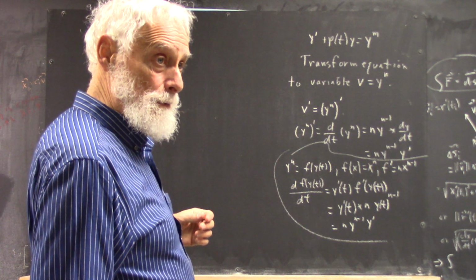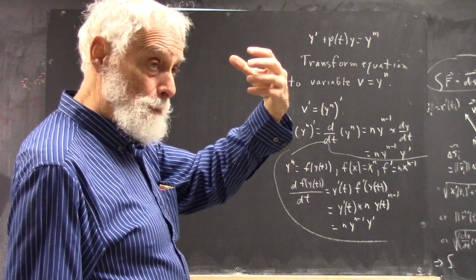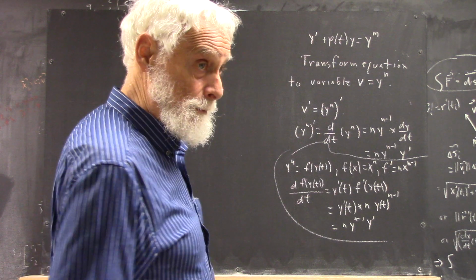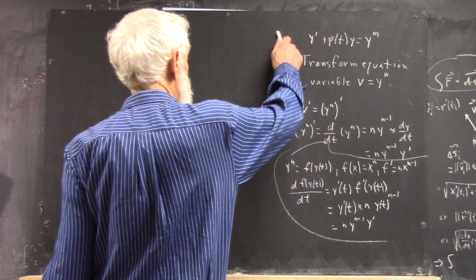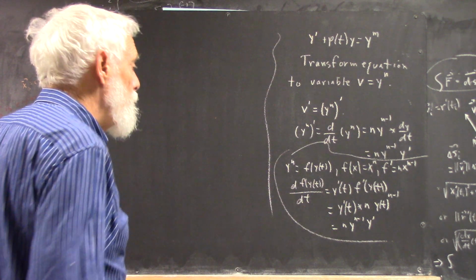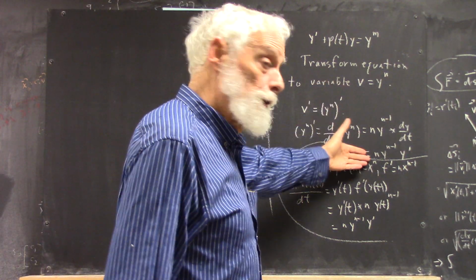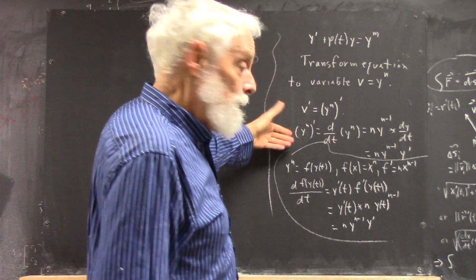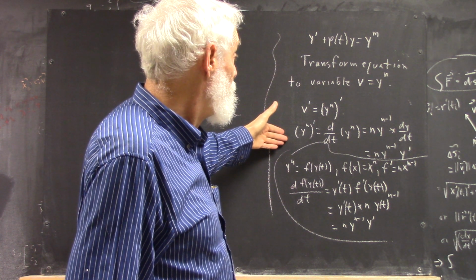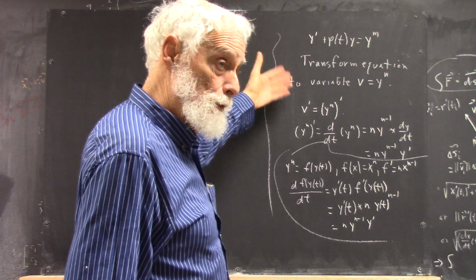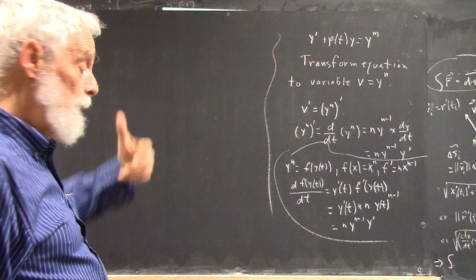Well, review it. Get it firmly in your brain because you're going to be using it. It's a very important technique. To an extent, in this course, you need the idea to understand this change of variable, which is what we're doing. We're changing the variable from y to v.